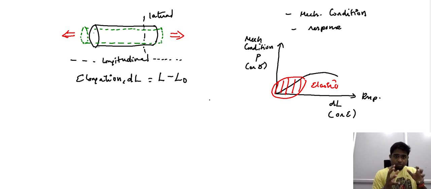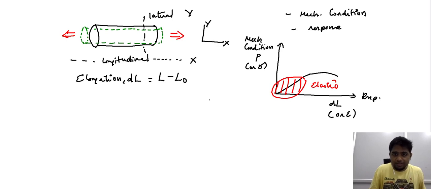If you consider the longitudinal direction as x and the lateral direction as y, in addition to a change along the longitudinal direction, there is also a change along the lateral direction. The change in the dimension along the x-axis is accompanied by a change in the dimension along the y-axis.